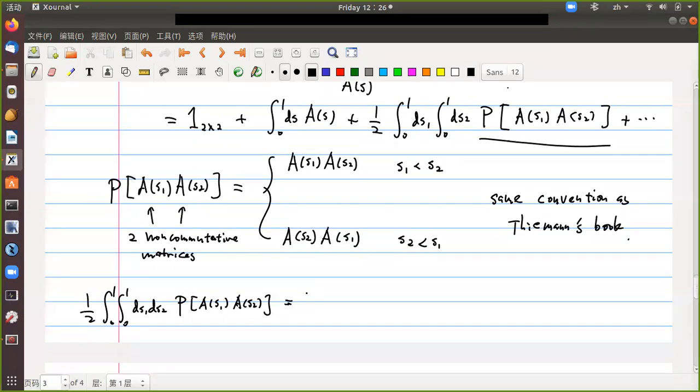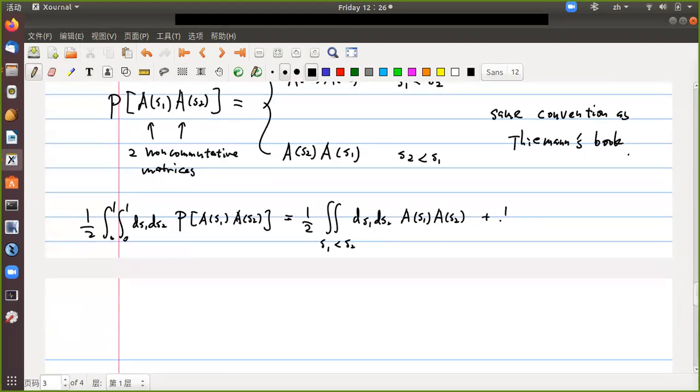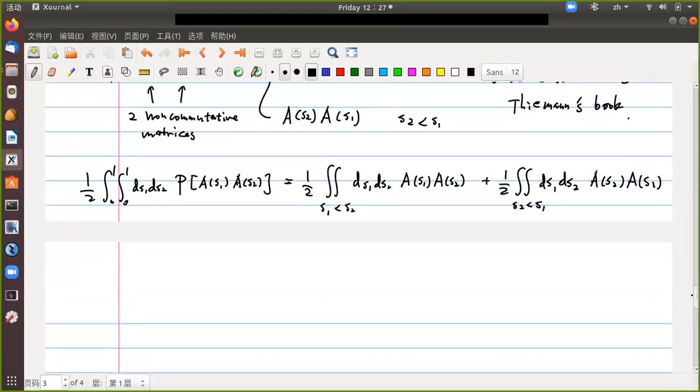So you have to split up the integral into two different regimes. s1 smaller than s2, A(s1) A(s2), plus the other case, s2 smaller than s1, A(s2) A(s1).